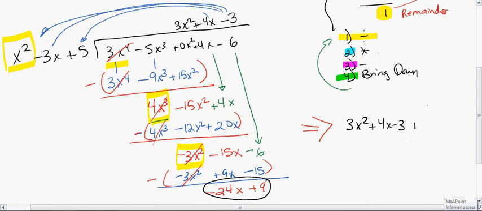So plus negative 24x plus 9, sorry for that, over, and the numerator is the remainder and the denominator is the divisor, what you're originally dividing by, x squared minus 3x plus 5. And there's the answer.